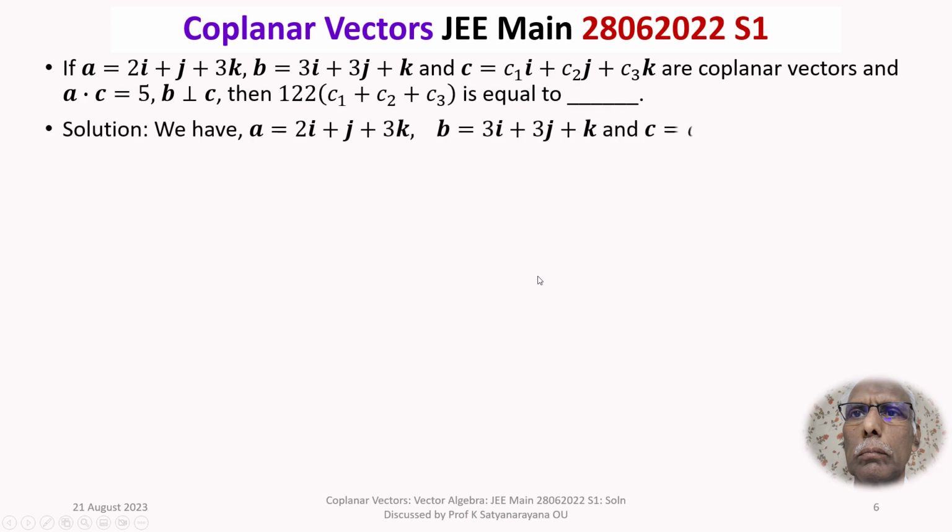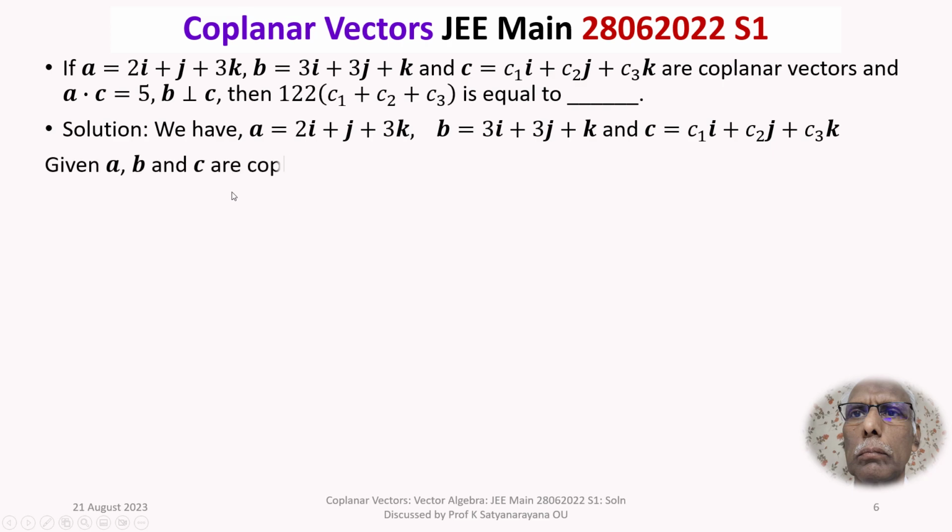We have the vector A given as 2i plus j plus 3k, vector B given as 3i plus 3j plus k, and vector C equal to c1i plus c2j plus c3k, where c1, c2, c3 are unknowns for the time being.